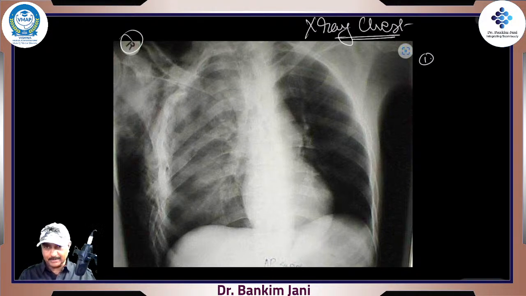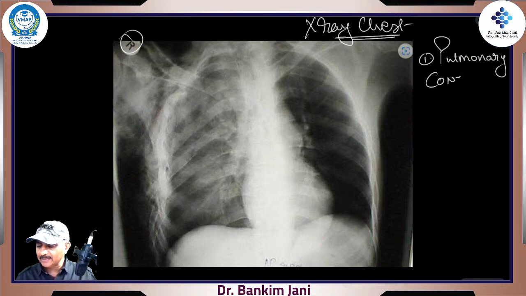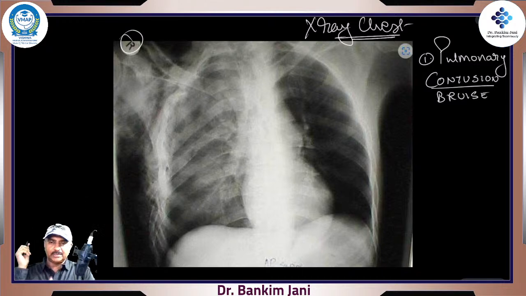There are other signs also, and we are coming to that. This is called a pulmonary contusion, remember the word contusion. Contusion is nothing but a bruise. Sometimes we get an injury with a bruise mark. So this is that.